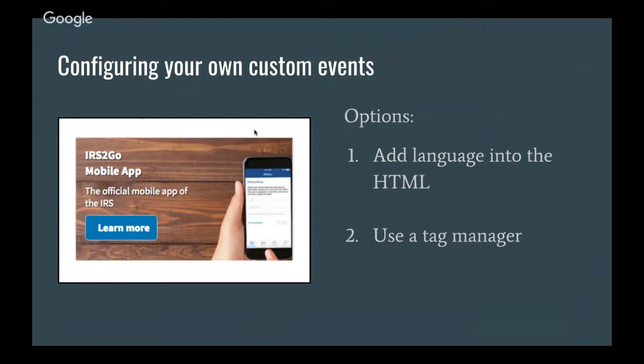One is adding language into the HTML itself, and one is using a tag manager. So I have this little picture here. An example might be if you want to know how many times people click the Learn More button on your site, you can encode an event to fire anytime someone clicks that particular button. So this gets a little more advanced.